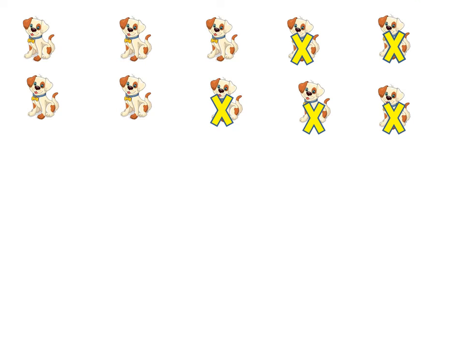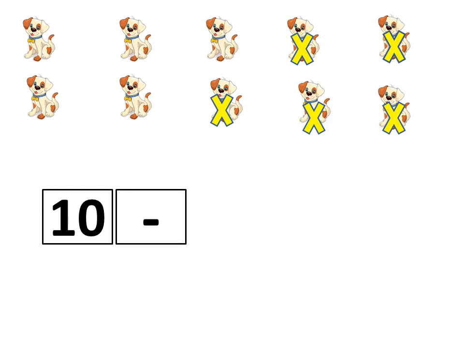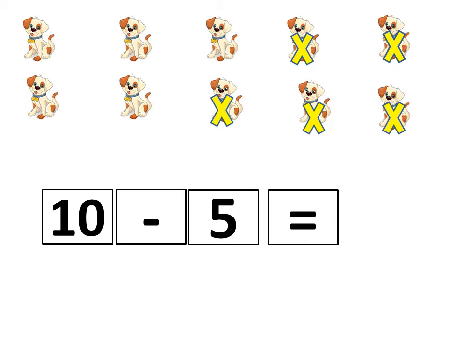Let us count the total number of the dogs. Very good. They are 10. And we are going to remove how many dogs? Let's count. 1, 2, 3, 4, 5. We are going to remove 5 dogs. And how many dogs are left?